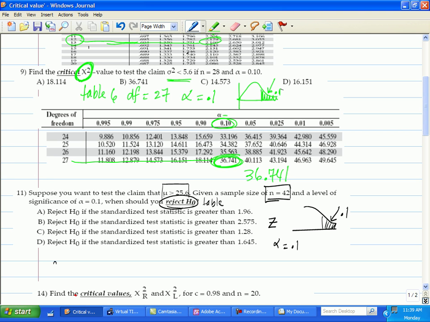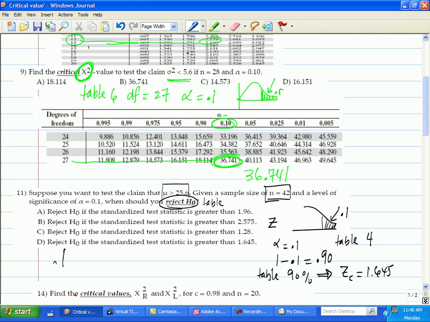For table 4, we already know that's on the right side, therefore 1 minus 0.1, and that's 0.90. So then I will go ahead and say table 4, 90%, that will give you the Z value to be 1.645.